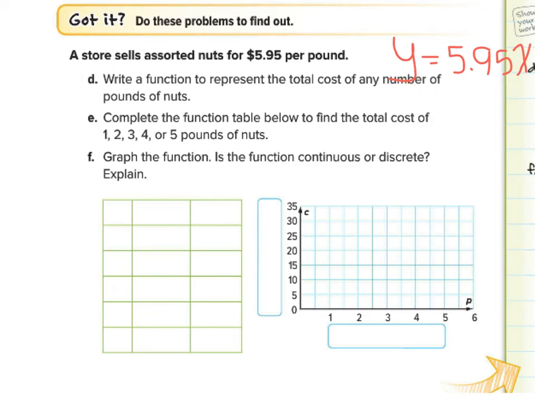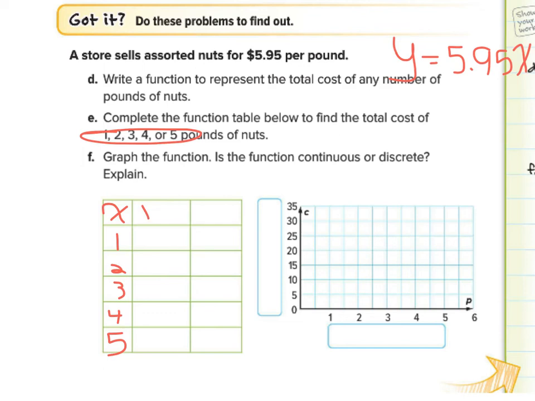So let's complete the function table below to find the total cost of 1, 2, 3, 4, and 5 pounds of nuts. It looks like the numbers have been chosen for us, so we're going to make those our input, our x: 1, 2, 3, 4, and 5.